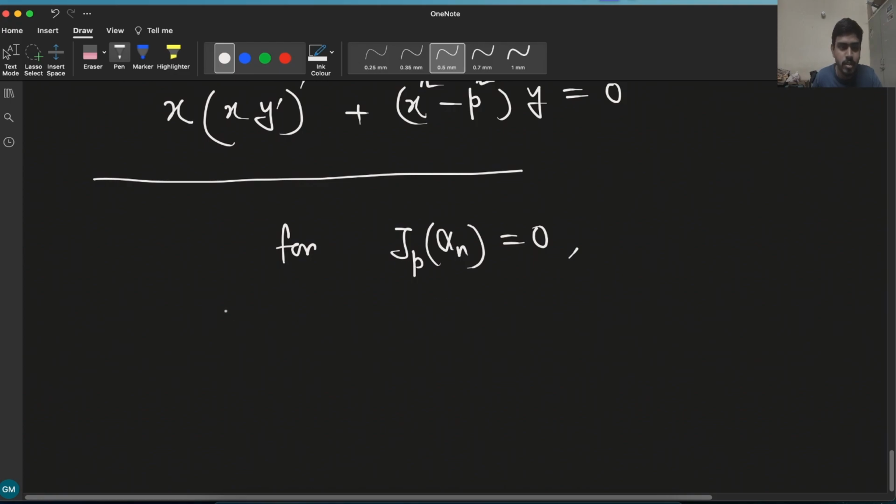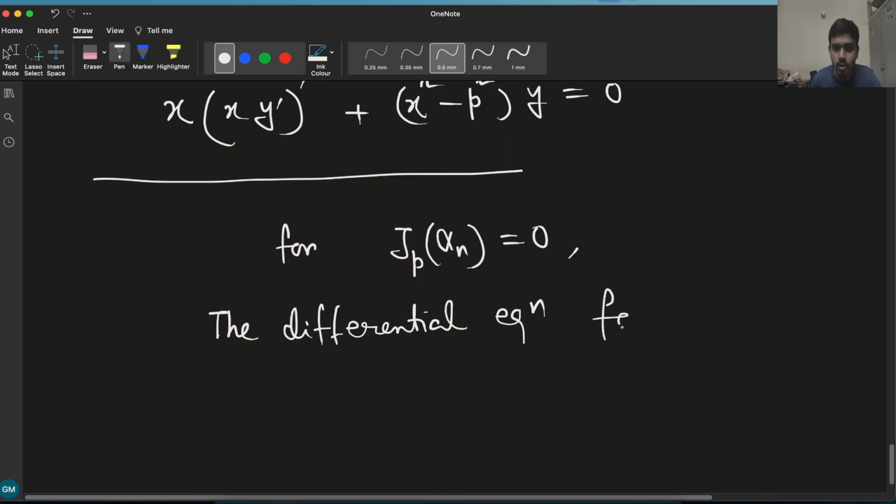The differential equation for the newly defined function that we have defined by y tilde, which is Jp(alpha n x), let me call it u instead of y tilde.